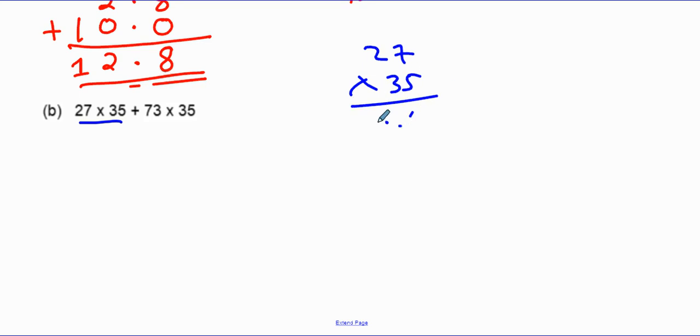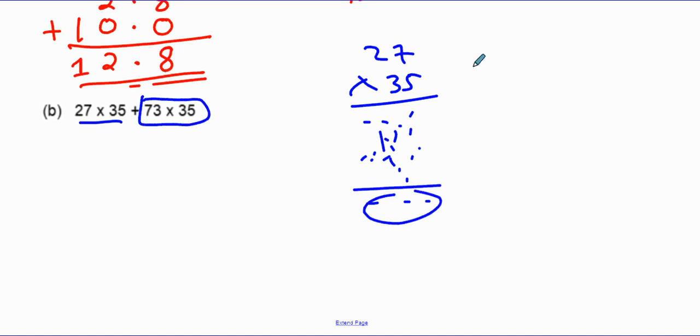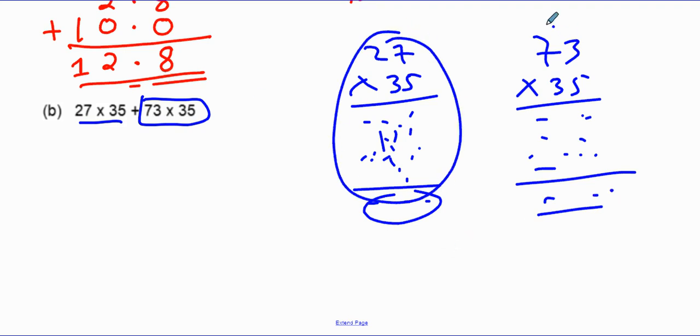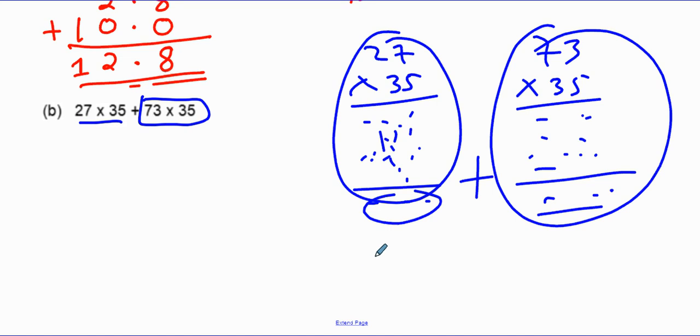They do all this long multiplication, they get a long answer, they waste a lot of time, and then they do 73 times 35 as well, a lot of calculations in very complex questions, and then finish that, take this answer over here, add to this answer over here, which will be a correct approach.